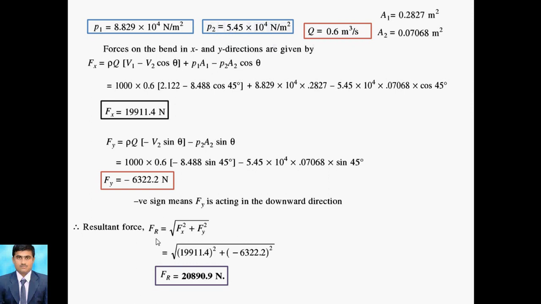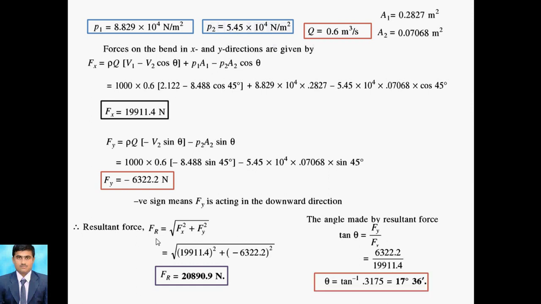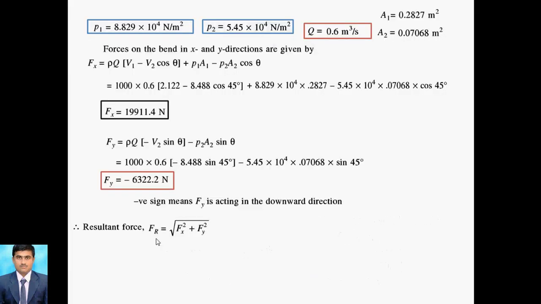After that, we find P2, and then we finally find the forces on the bend in the X and Y directions, that is Fx and Fy. So this is the methodology for the solution. For the angle, we go for tan theta equal to Fy by Fx, so that theta is equal to 70 degree 36 minutes. Okay, so this is about the main problem.